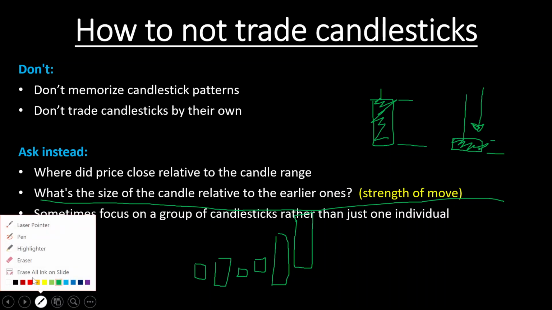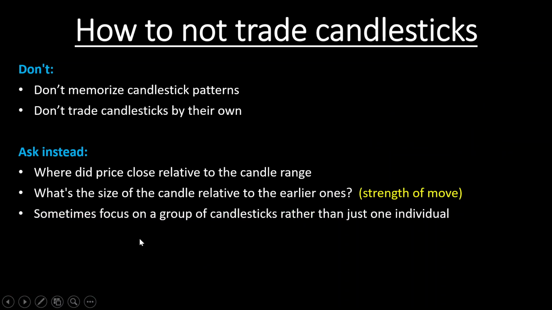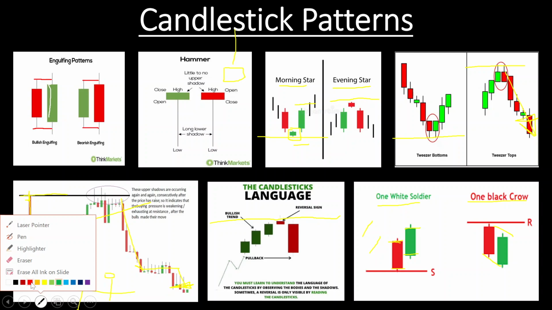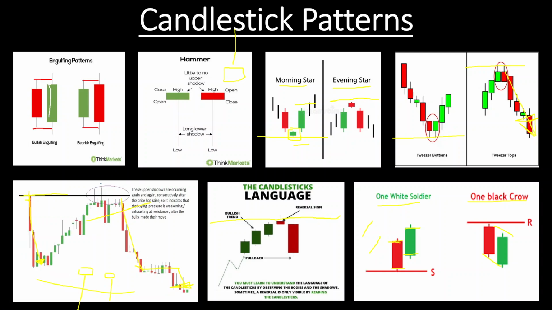And then, sometimes focus on a group of candlesticks rather than just one individual. I think that is so important. Looking back at this here, this pattern is probably one of my favorite ones when looking at a group of candles.